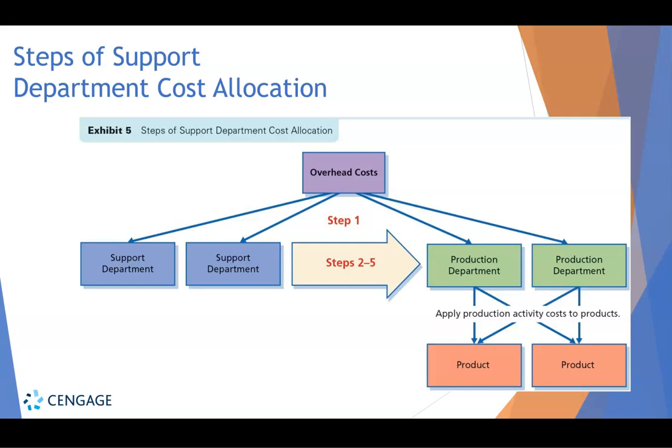So once steps 1, 2, 3, 4, and 5 are complete, costs get applied to the products. Now, in previous chapters, we've talked about the application of costs from production departments to products. This chapter is primarily going to focus on steps 1 through 5.